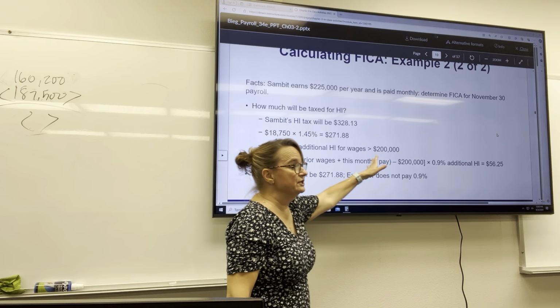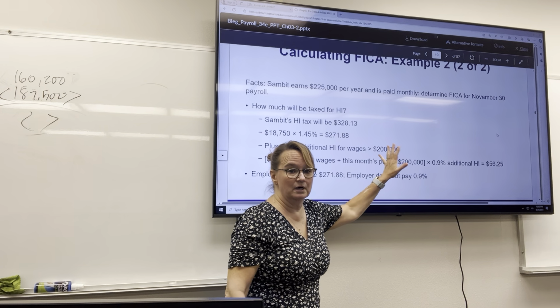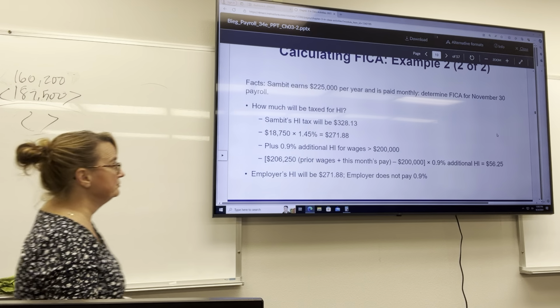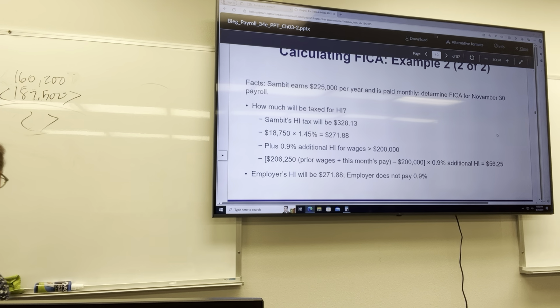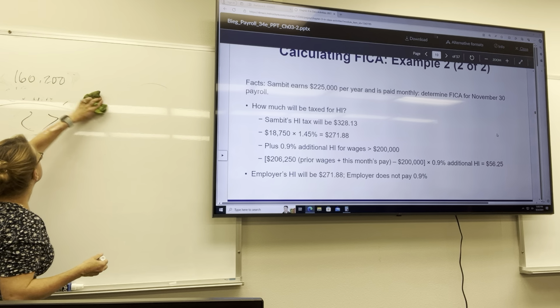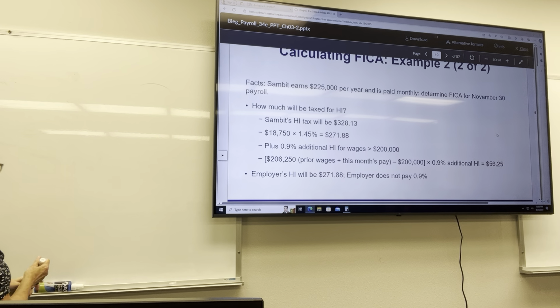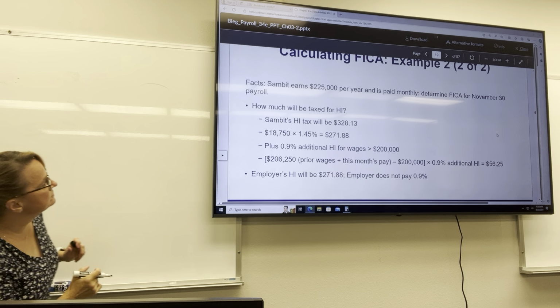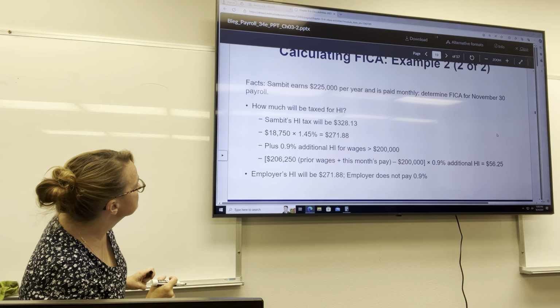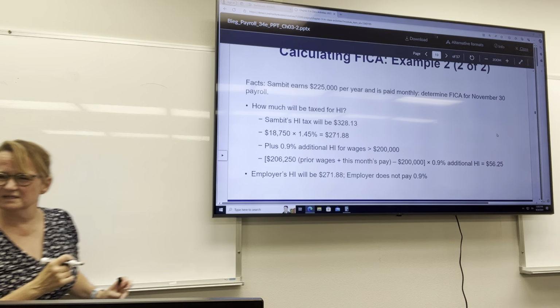Then we have to calculate the additional amount over and above 200,000. So what we've got to do is take our total wages this pay period. So we were at, was it one?